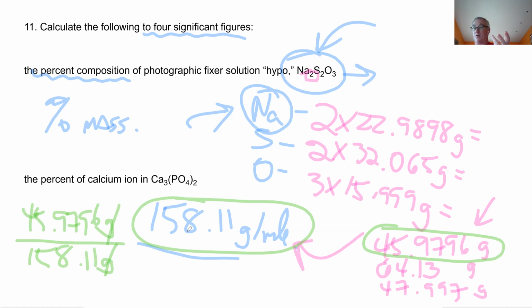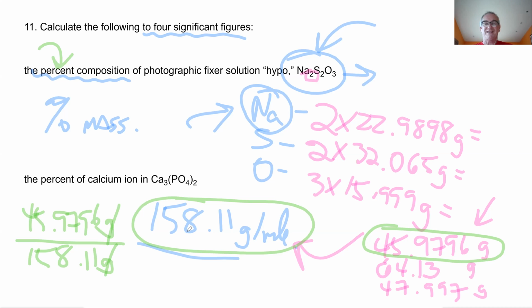We cancel out grams, and that gives us a fraction, which is what we're looking for. Percent just means a fraction, right? So what do we do with this fraction to give us percent? Times it by 100. So instead of fractional composition, we get percent composition.